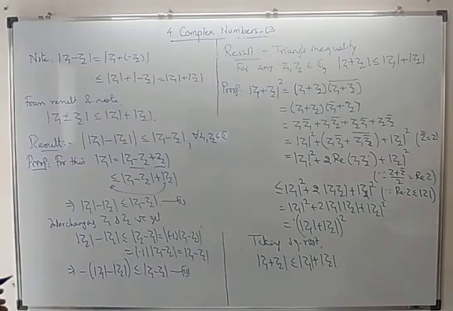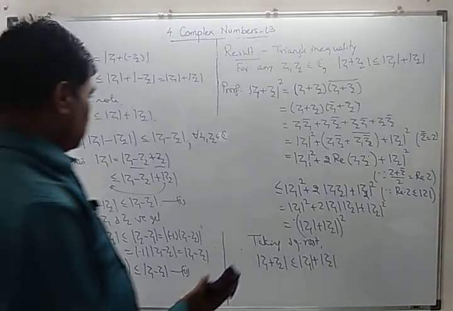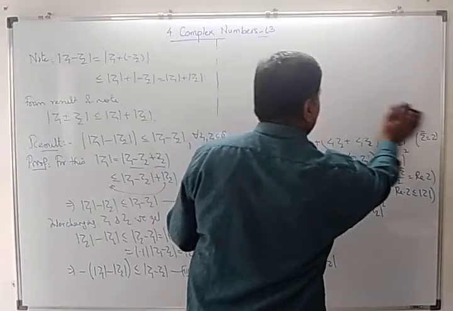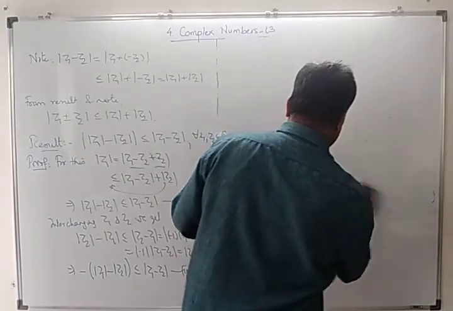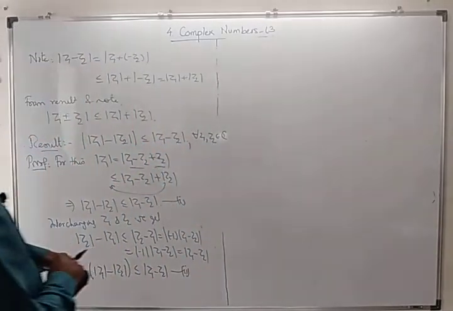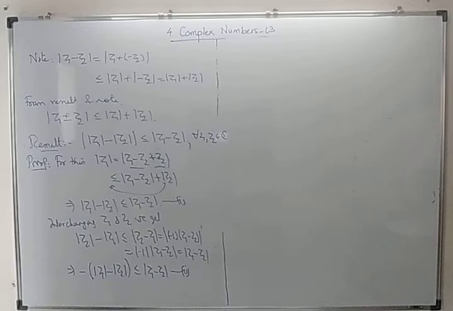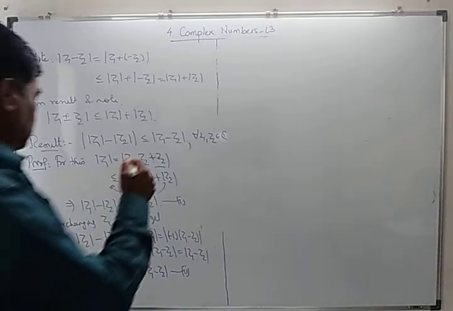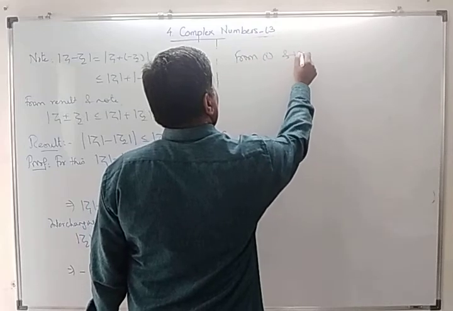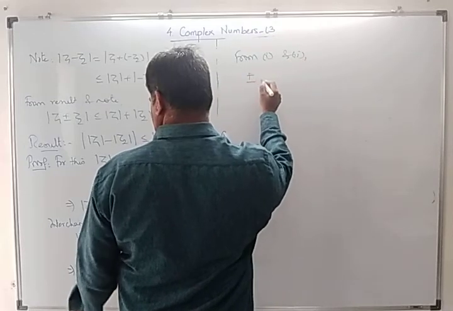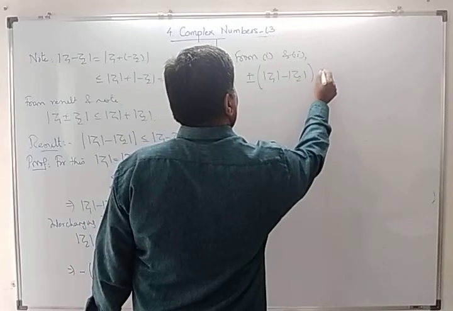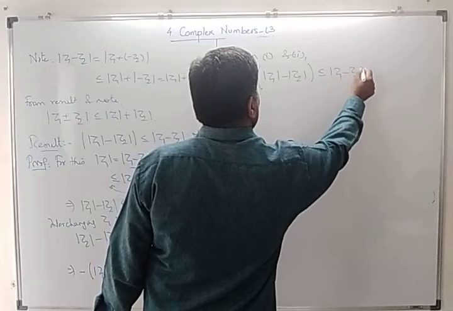From 1 and 2, plus or minus (mod Z1 minus mod Z2) is less than or equal to mod of Z1 minus Z2.